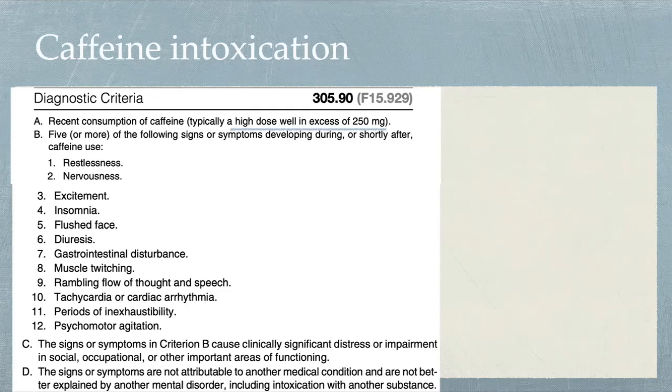Caffeine intoxication typically occurs with a high dose in excess of 250 milligrams, and five or more symptoms, which include restlessness, nervousness, excitement, insomnia, flushed face, diuresis, GI disturbance, muscle twitching, rambling flow of thoughts and speech, tachycardia, cardiac arrhythmia, inexhaustibility, and psychomotor agitation.